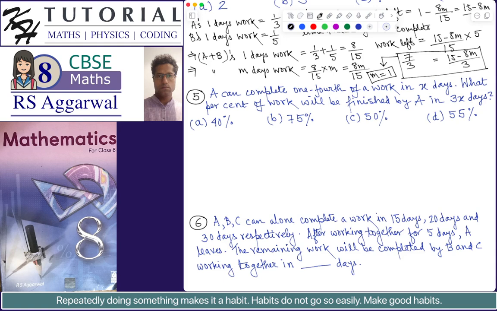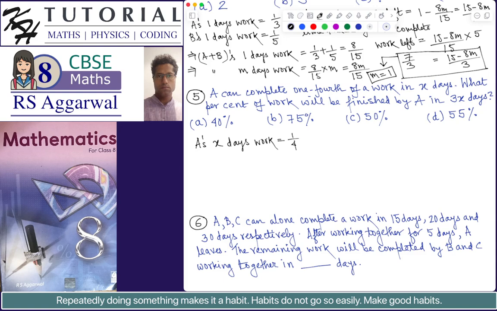Okay, so we have: A can complete 1/4 of a work in X days. So A's X days work is given to be equal to 1 by 4, because it is saying that A can complete 1/4 of a work.